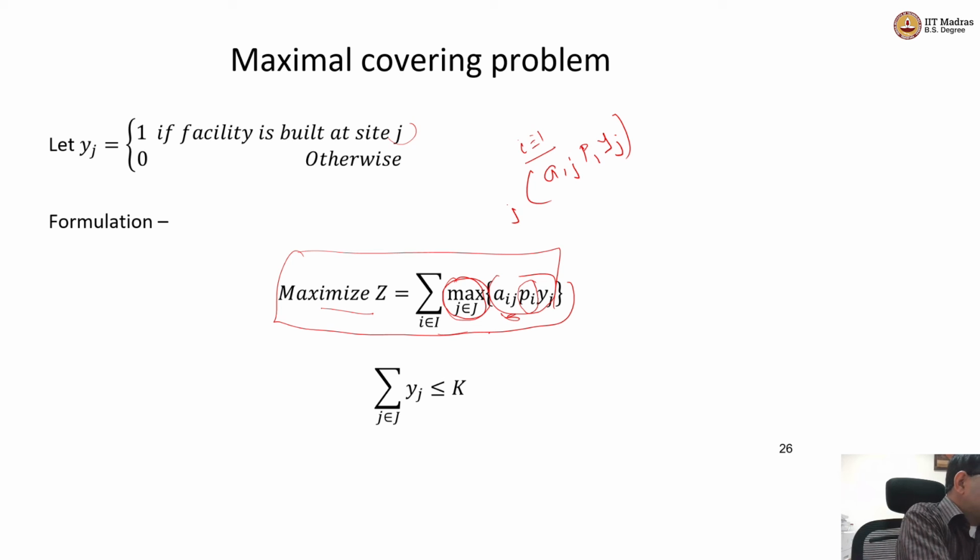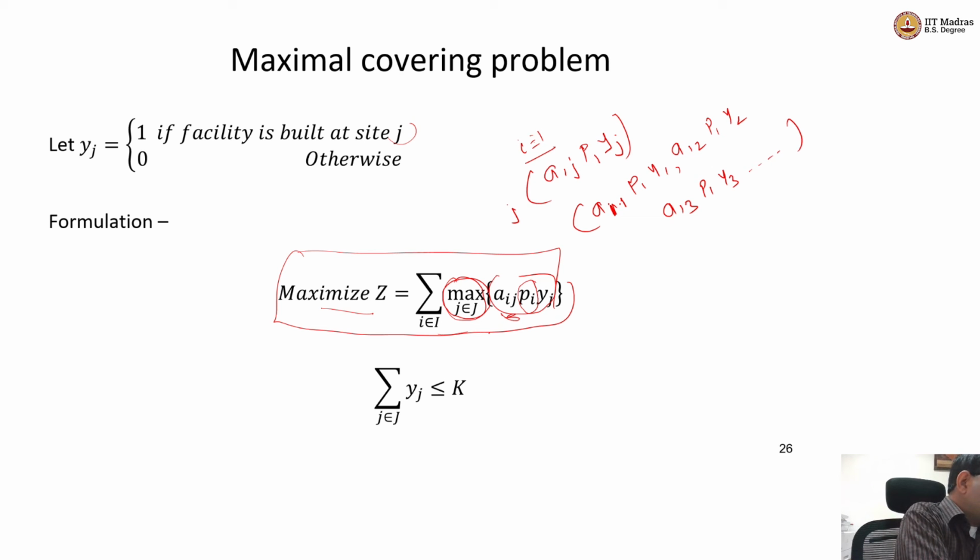So summation. So what is this? So it will be A1j, where j is 1. Let us say P1 Y1, or A12 P1 Y2, or A13 P1 Y3, and so on, right?